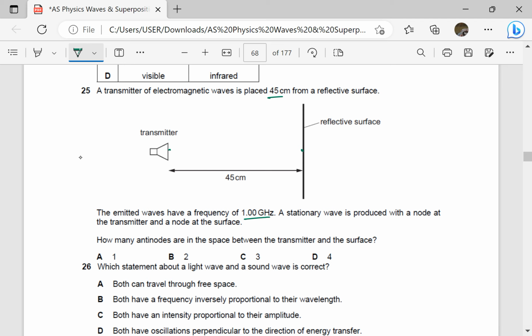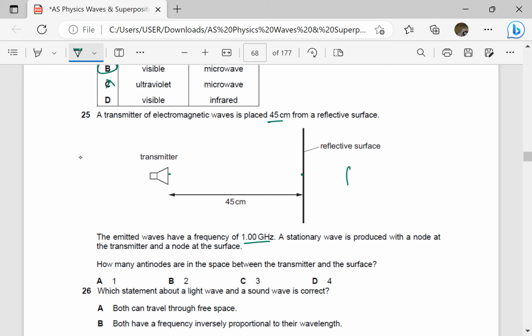Okay, so the emitted frequency is going to be equal to the speed divided by wavelength, and they have told us that a transmitter of electromagnetic waves is placed 45 centimeters from a reflective surface, with a node at the transmitter and a node at the reflector.